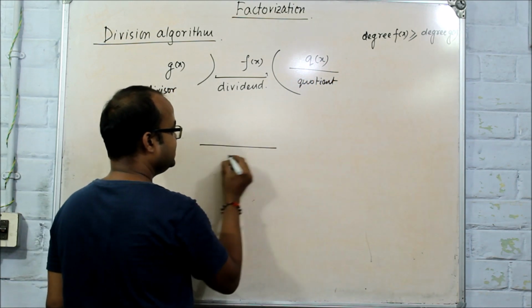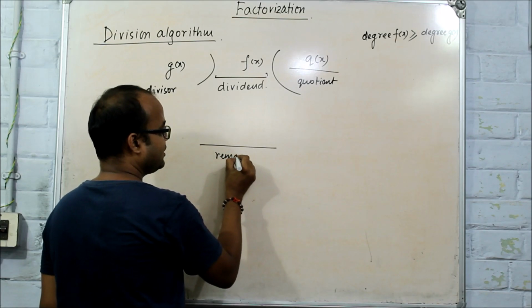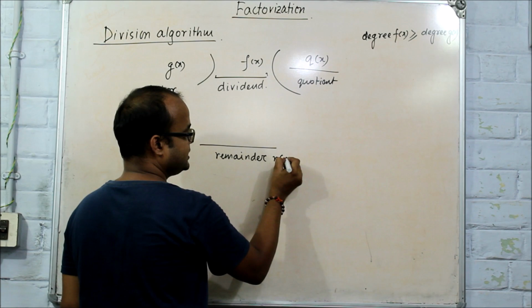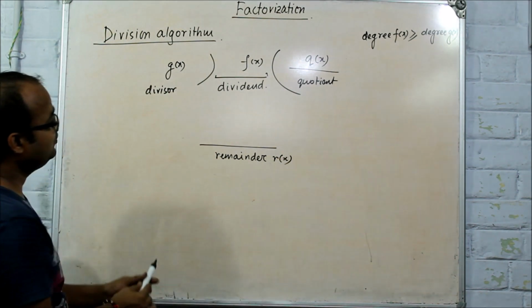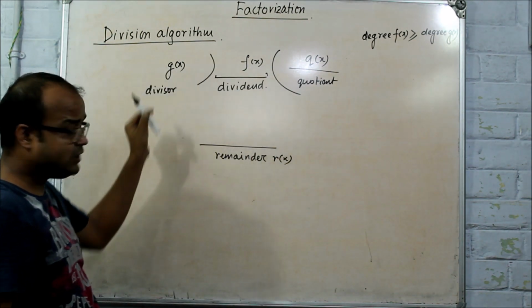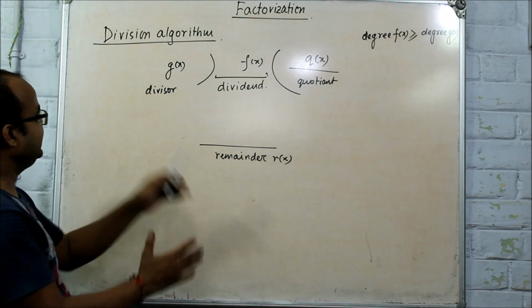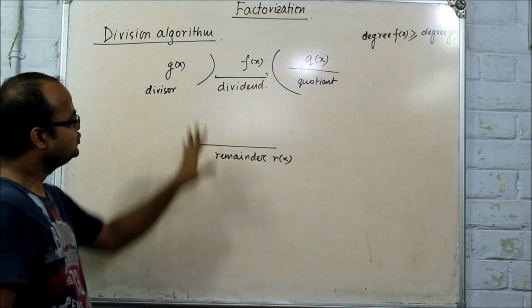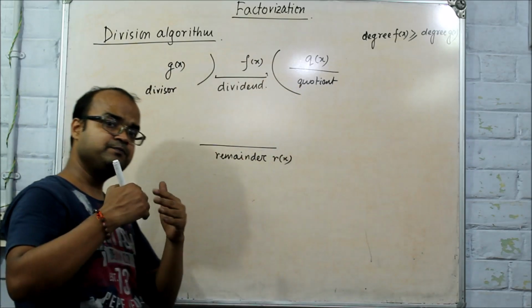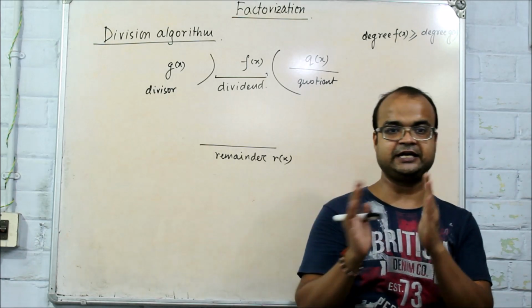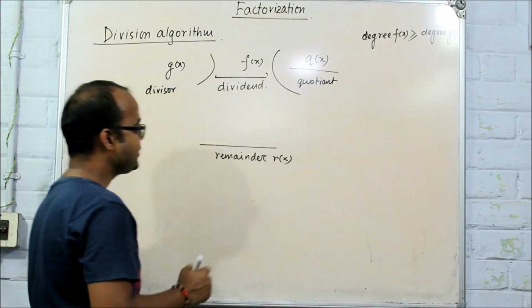At the end you will get the remainder, which we represent as r of x. Now, if you are dividing one algebraic expression by another, all of these will be expressions in x. That's why we write f of x, g of x, q of x and r of x.